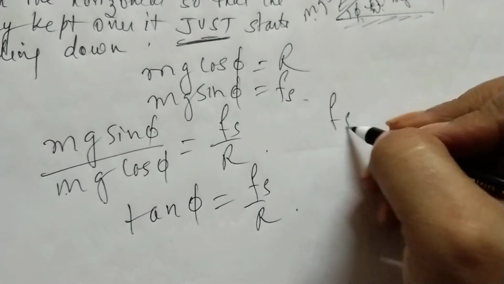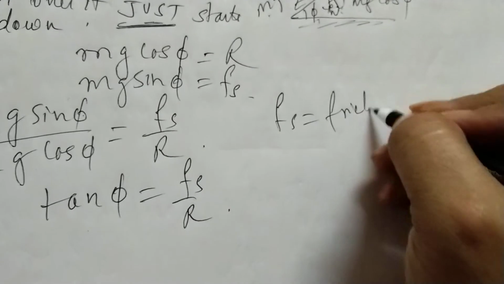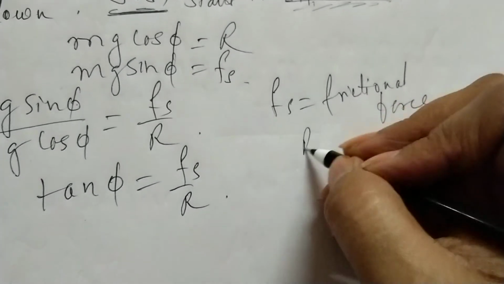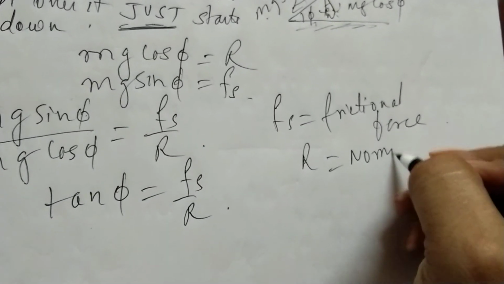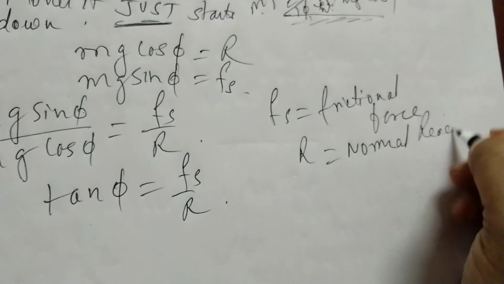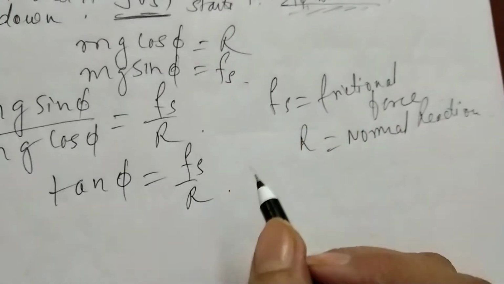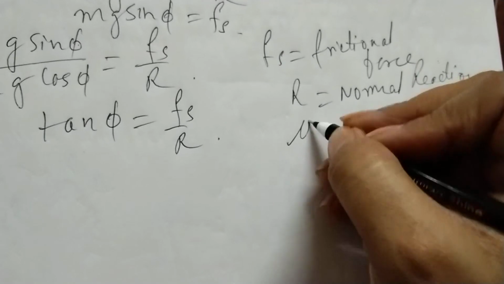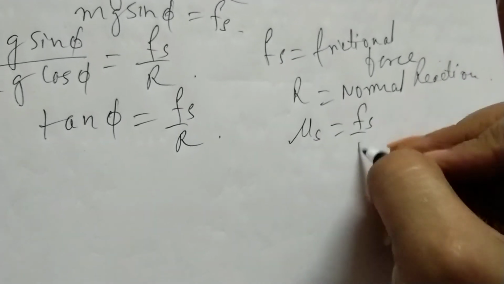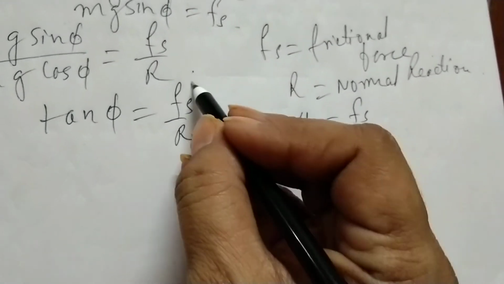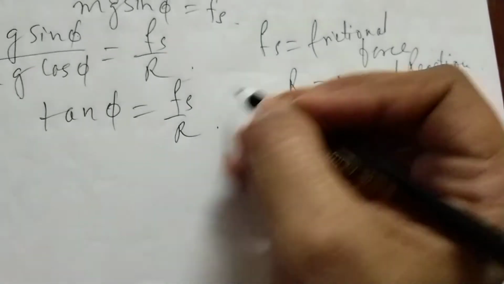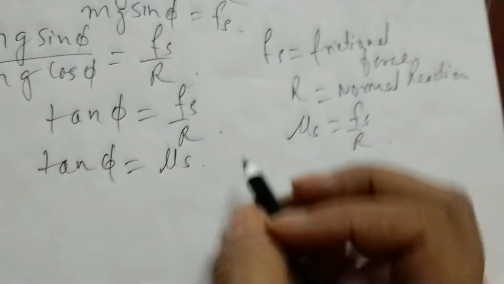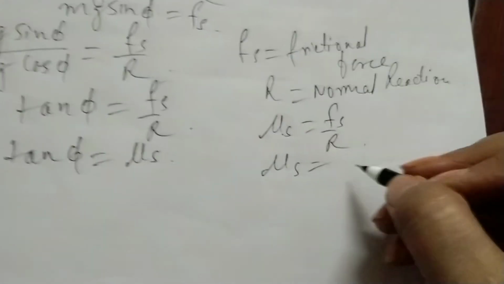Here Fs is the frictional force, R is the normal reaction. Now you will agree that we have already done in the laws of limiting friction that mu S equals Fs by R. So this whole part is giving us mu S. So we can write tan phi equals mu S, where mu S is the coefficient of static friction.